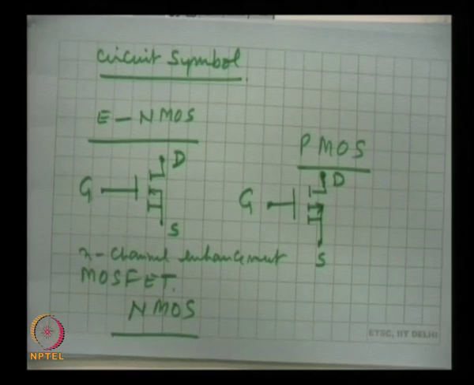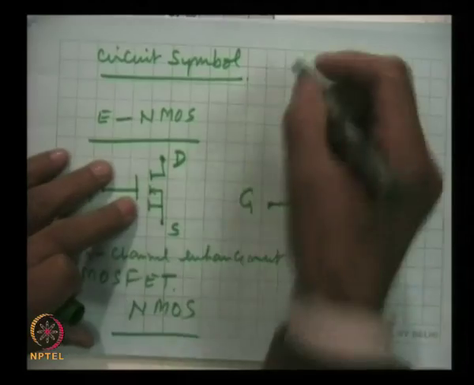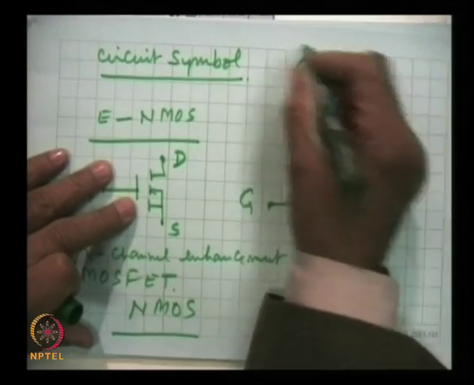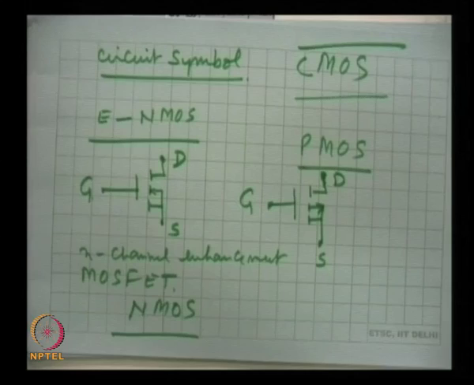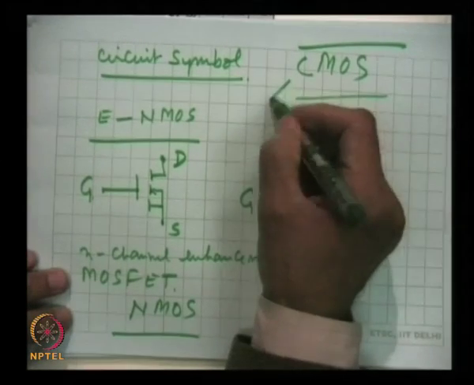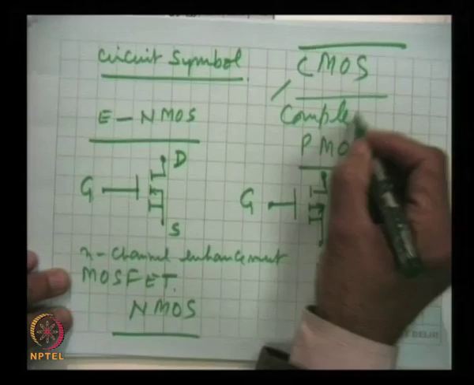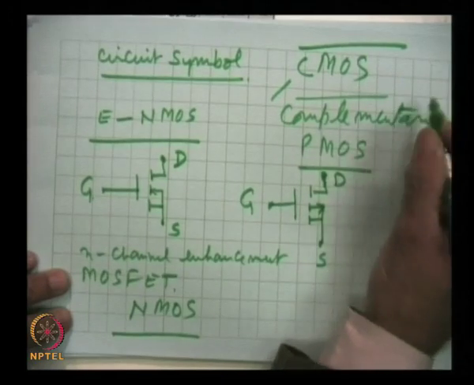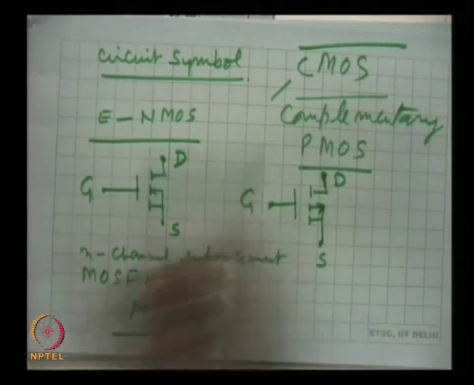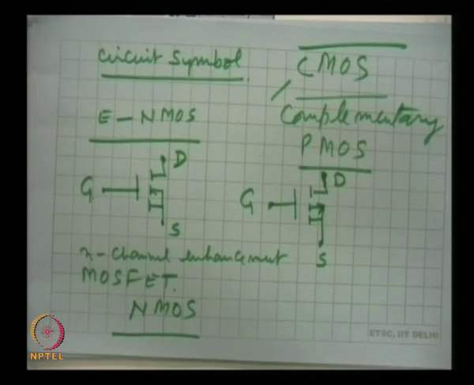We will talk later about the complementary devices, and complementary CMOS, it is known popularly as CMOS. CMOS, C stands for complementary. So, in the CMOS, on the chip, the NMOS and PMOS are simultaneously present.